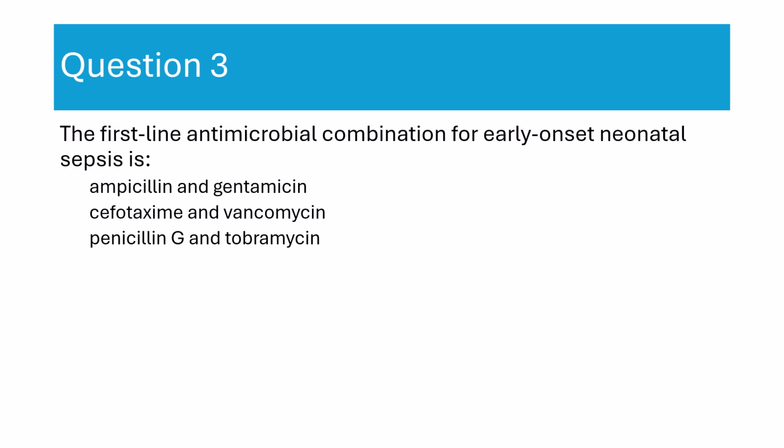Ampicillin and gentamicin is the standard first-line combination for early-onset sepsis, covering the most common pathogens, including Group B Streptococcus, Escherichia coli, and Listeria monocytogenes. Cefotaxime and vancomycin is incorrect because this combination is more appropriate for late-onset or hospital-acquired infections. Penicillin G and tobramycin is incorrect because penicillin G lacks coverage for Listeria and some gram-negative organisms covered by ampicillin.